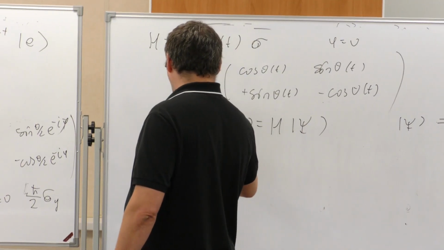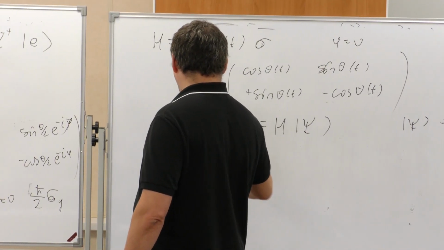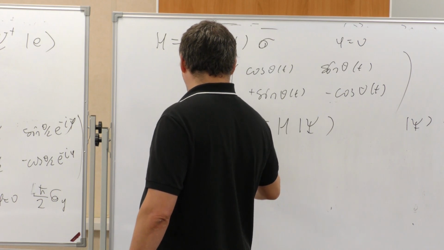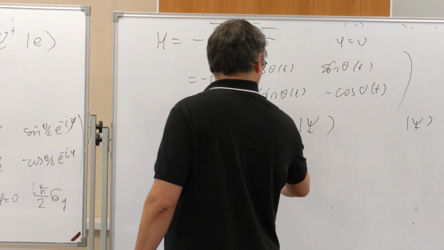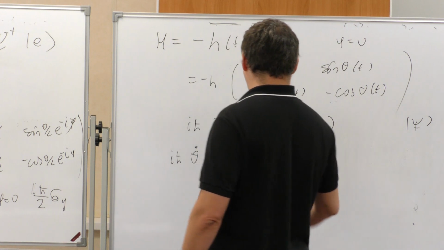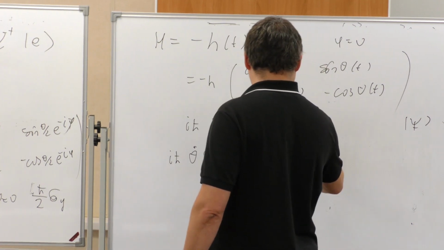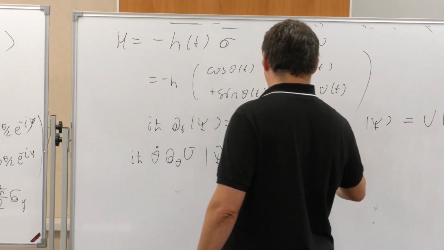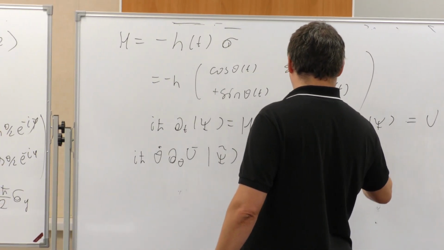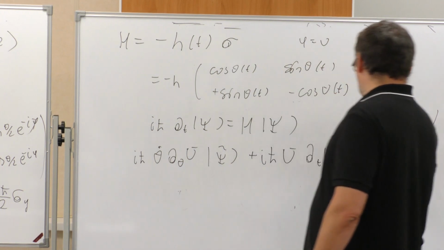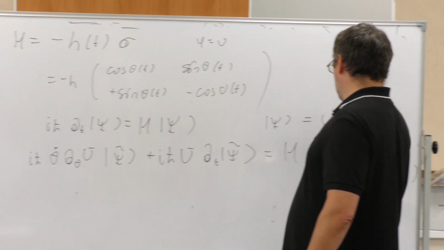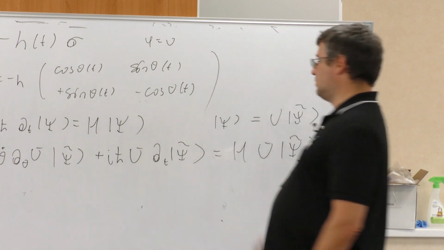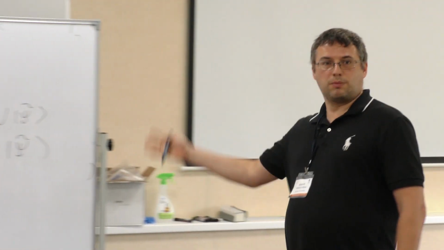So I will get theta dot, ∂θ U, times ψ tilde, plus iħ U ∂t ψ tilde is equal to H times U times ψ tilde. So this is just my time-dependent Schrodinger equation. And now I want to do the same trick as before.